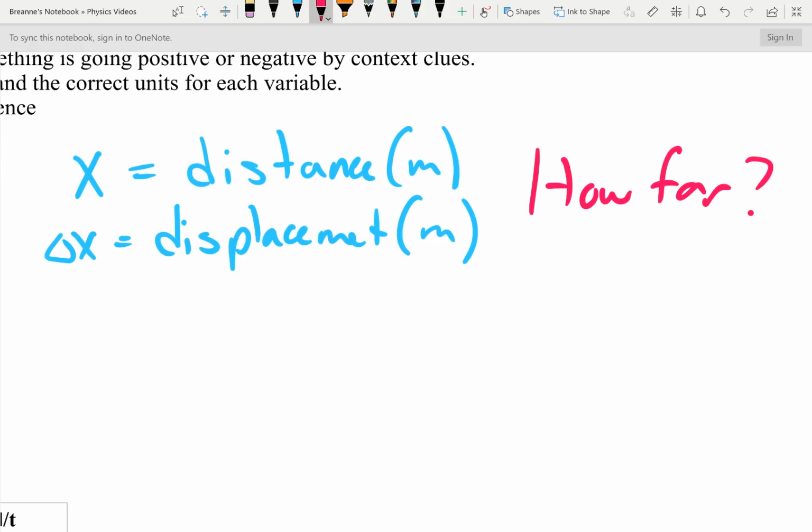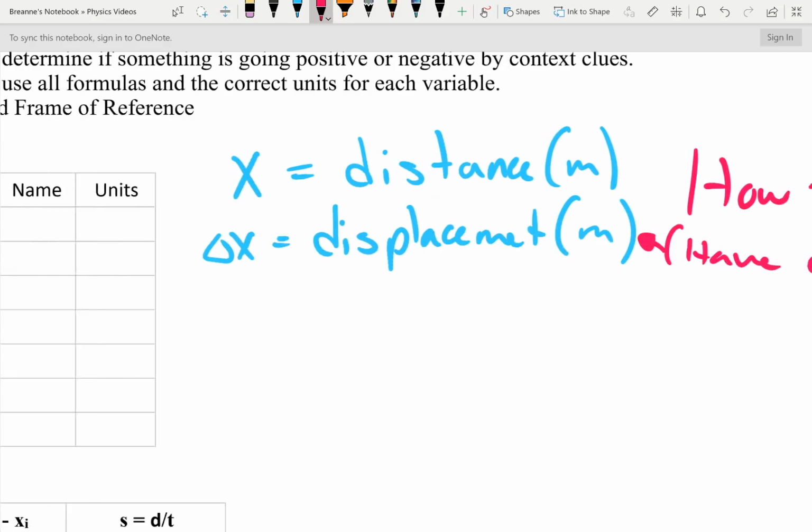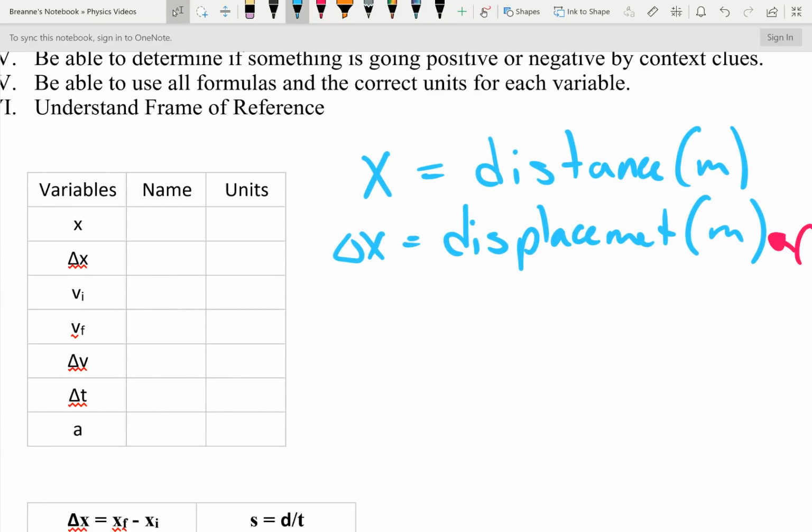If you have acceleration, you're looking for displacement. Your vi is your initial velocity.